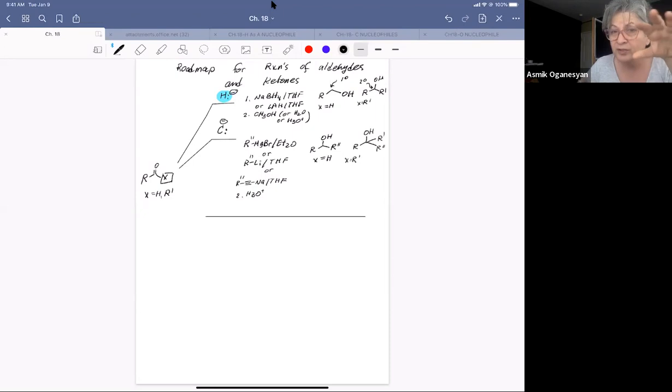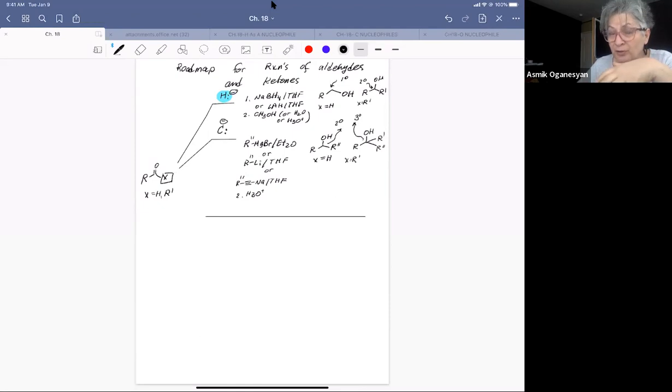Guys, for all of these reactions, please make sure that you understand that your stereospecificity matters. Okay, so let's just identify the type of alcohol. You will be forming secondary here and tertiary here.